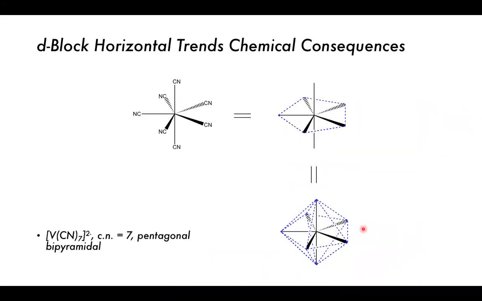We also have some with coordination number 7. For example, this vanadium heptacyanonite. We have here an oxidation state of +5 on the vanadium, with a pentagonal bipyramidal structure. So it has a pentagon base, and then there are 2 pyramids above and below.